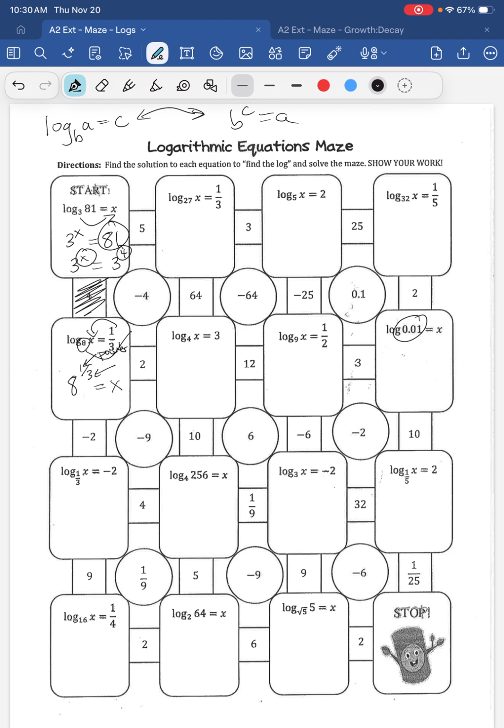The denominator in that exponent is the root. So again, without one of your graphing calculators, you should know that I can rewrite this as the cube root of 8. And I'm going to simplify that. So cube root is saying what times itself 3 times gets you 8. The answer is positive 2. So I'll go in this direction. Do your best on this one, work together, then hand that in when you're done, and go to whatever's next.